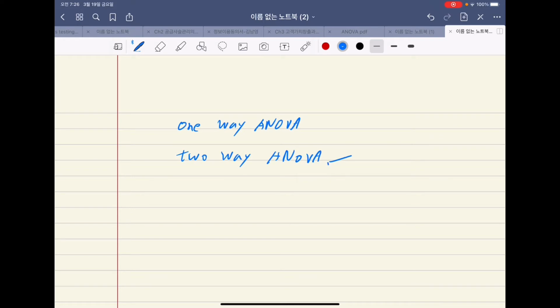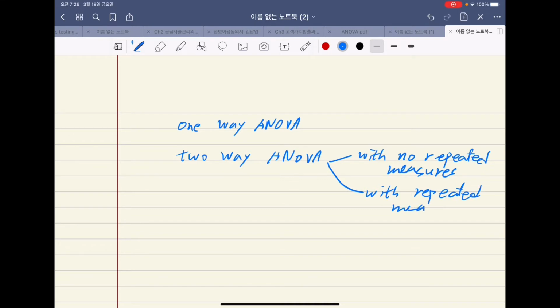And this one is classified into 2: with no repeated measures, with the repeated measures. Okay. And this case, this one is called the randomized block design.